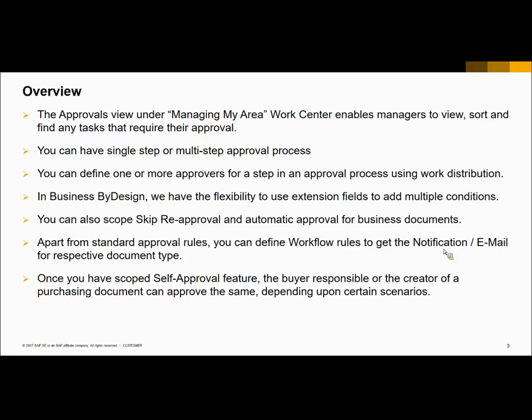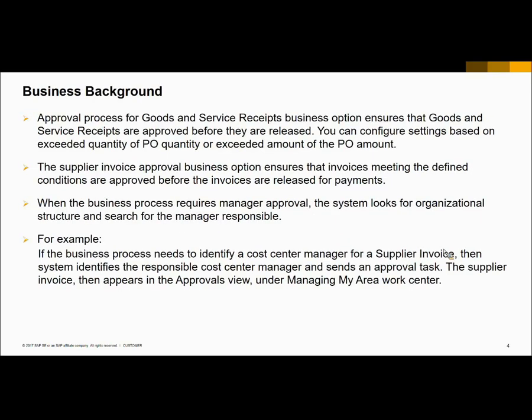Let's move to the next slide, that is business background. Based on a couple of requests, this function has been provided. We do have functionality for goods and service receipt approvals as well. What exactly matters here is, in case a goods and service receipt is getting its quantity exceeded or the amount is getting exceeded, the system will trigger an approval process.